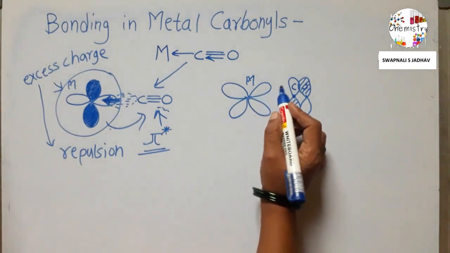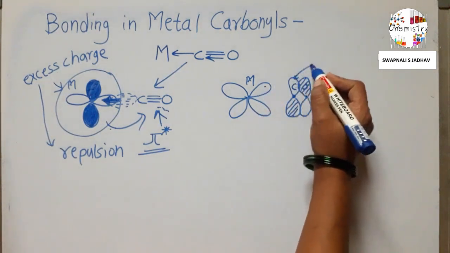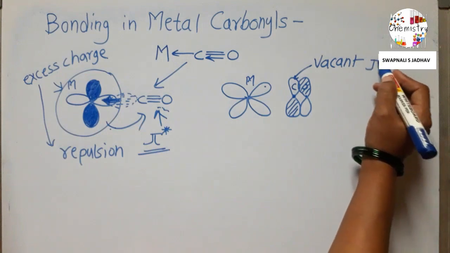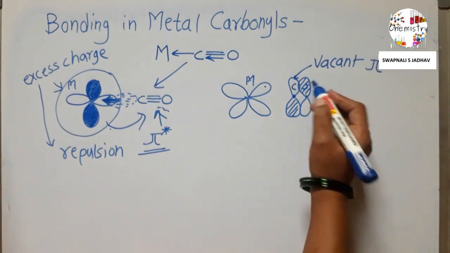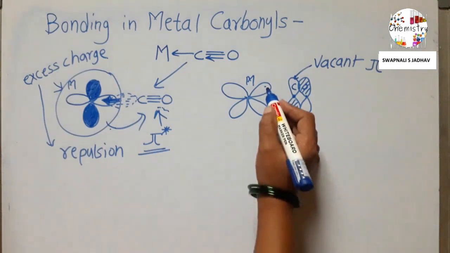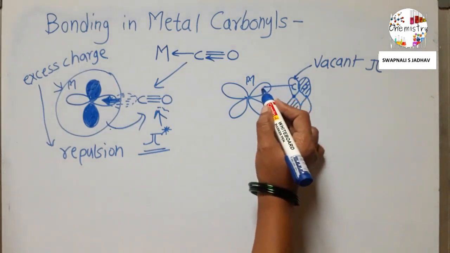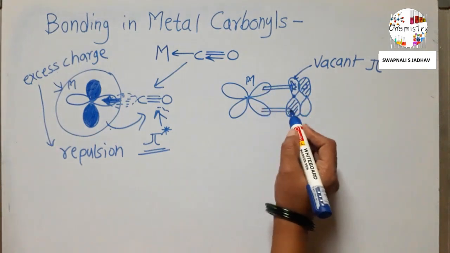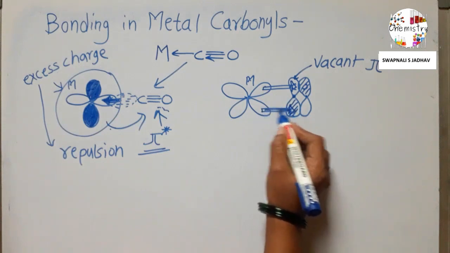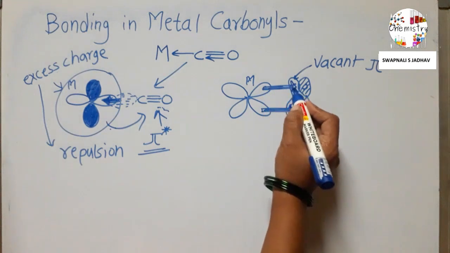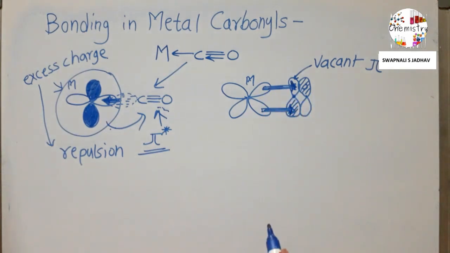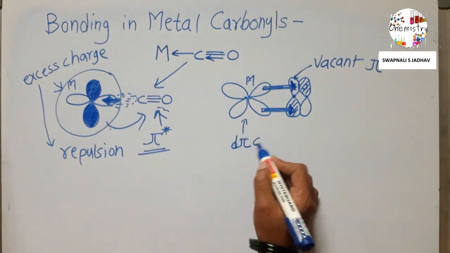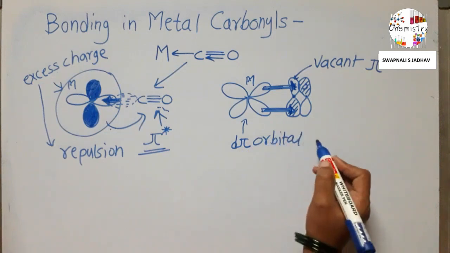So what happened? This vacant pi star, that is the antibonding orbital of the carbonyl group, accepts electron density donated by the filled d pi orbital of the metal.